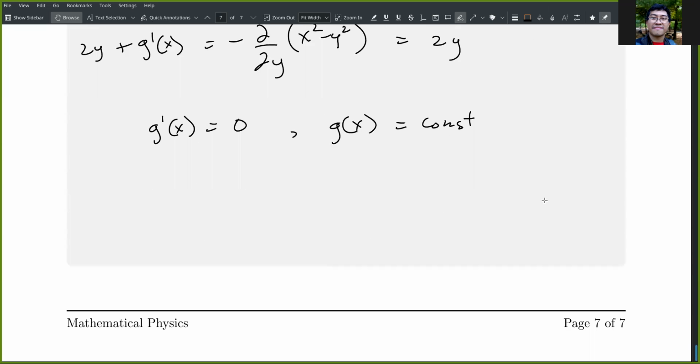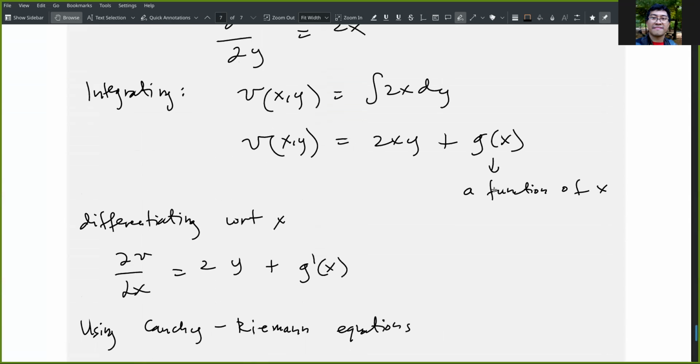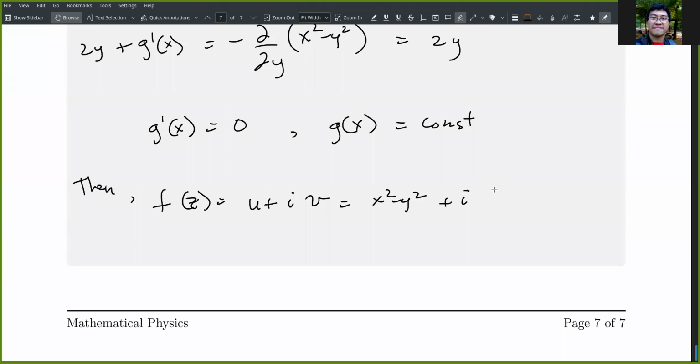So if we write f of z, which is u plus iv, u is x squared minus y squared, v is 2xy plus g(x), which is a constant.